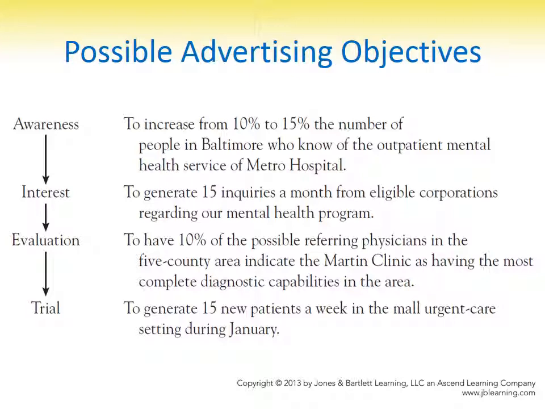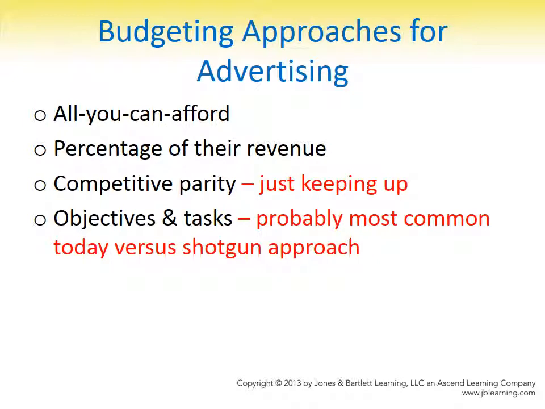And then the evaluation is actually that point that I just talked about, having a physician try you out. And then trial, we want to know that we're actually generating new patients every week, that people are actually trying us and moving business to us.